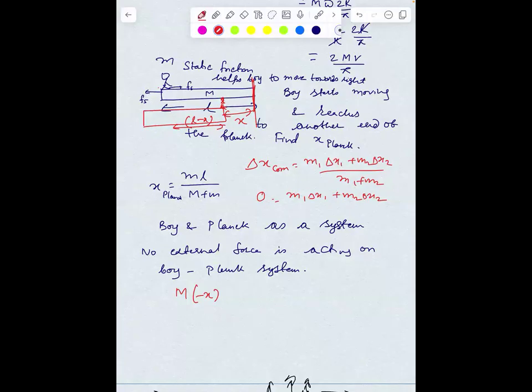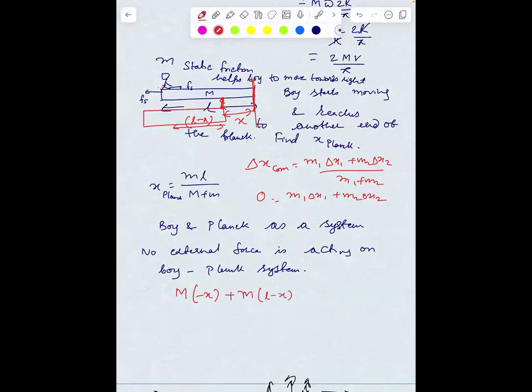See, very carefully, I'm telling you. This is the boy earlier. Now the boy reaches here. The total distance covered by the boy is L, but the plank itself shifted x. So can I write plus small m into L minus x?